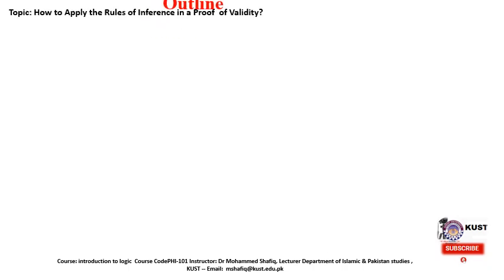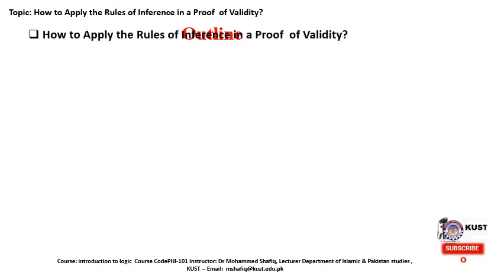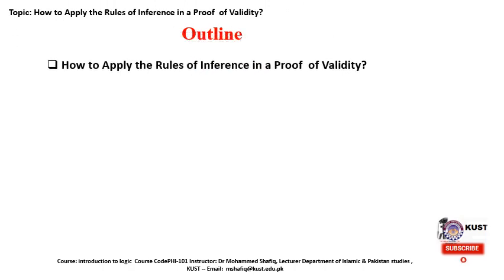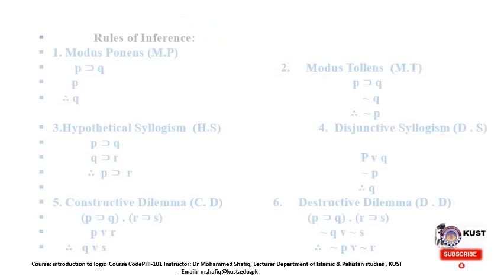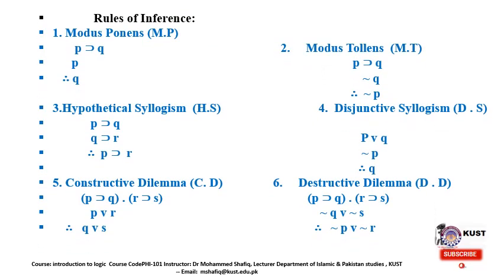Today's lecture outline consists of how to apply the rules of inference in a proof of validity, and the 9 rules of inference. So there are, as you know, 9 rules of inference.